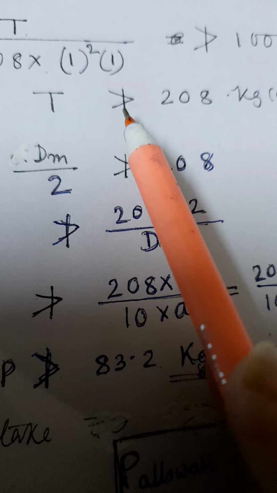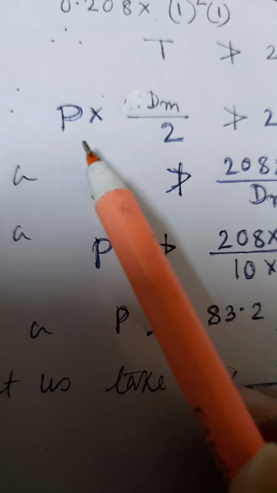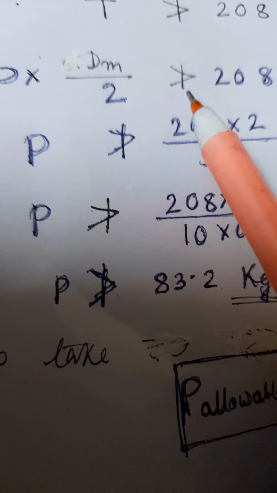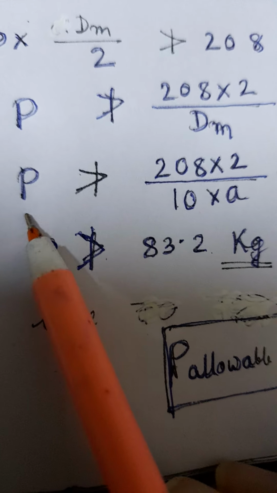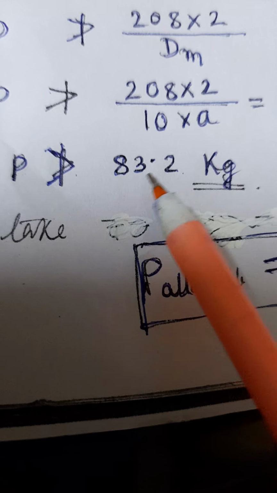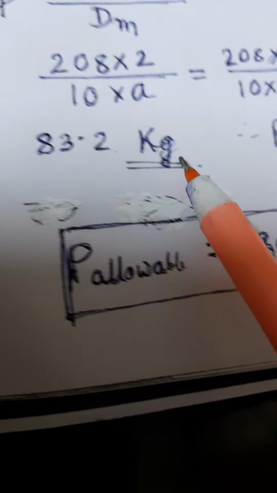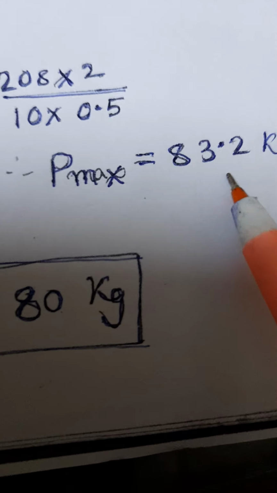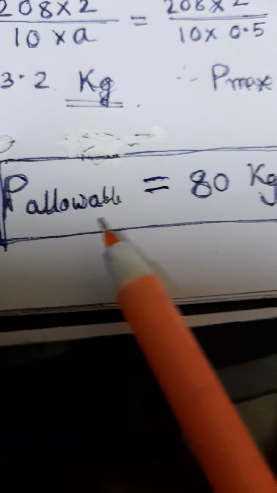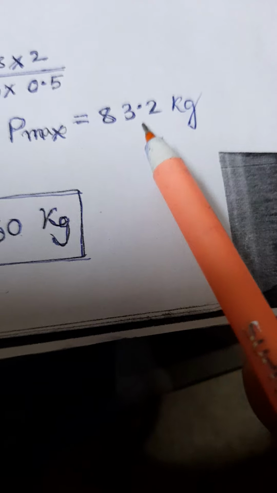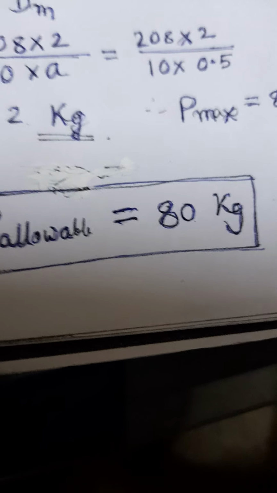So T not greater than 208 kg centimeter. So P into dm by 2 not greater than 208, so P not greater than 83.2 kg. So P maximum will be 83.2 kg. Now P allowable we take as 80 kg.